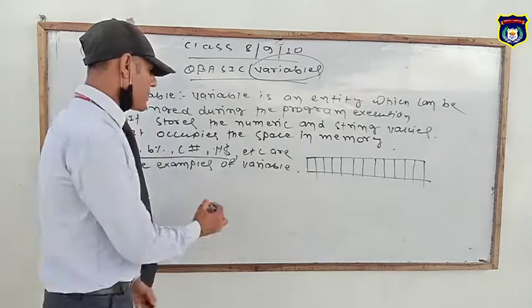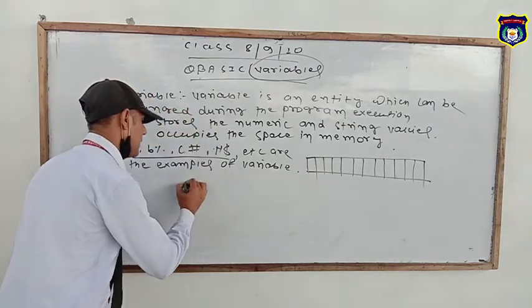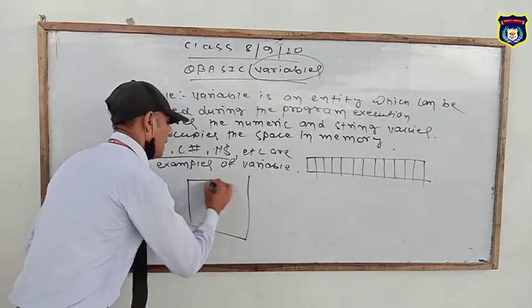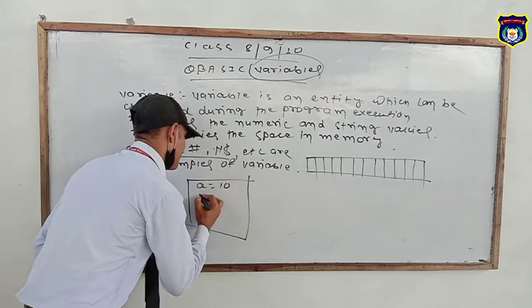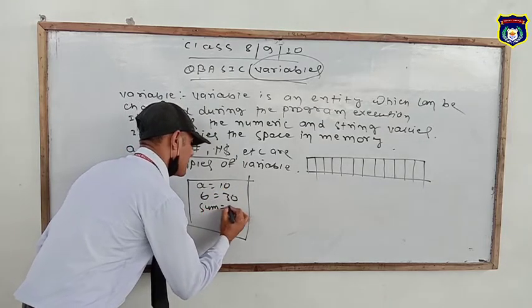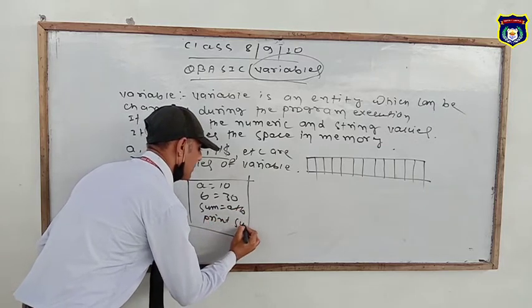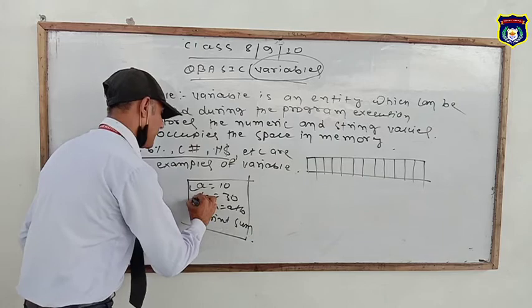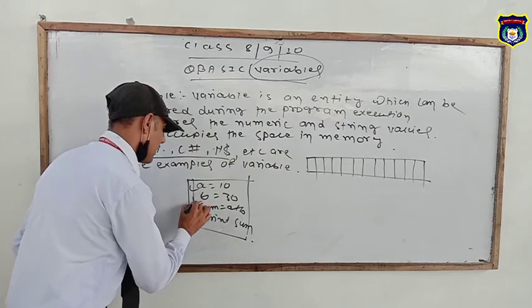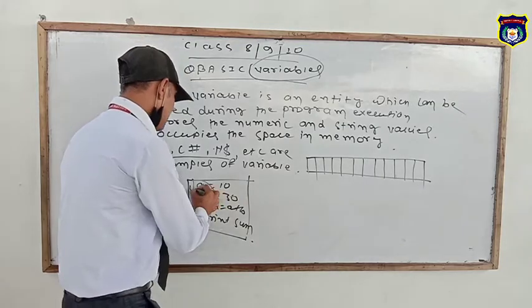Suppose I am going to take an example. A equal to 10, B equal to 30, sum equal to A plus B, and print sum. Here A, B, sum, these all are the list of the variables. A equal to 10.